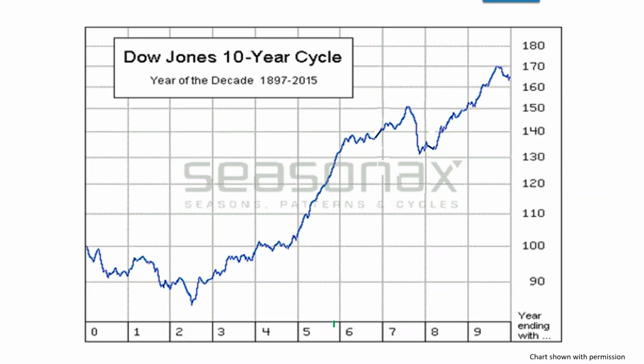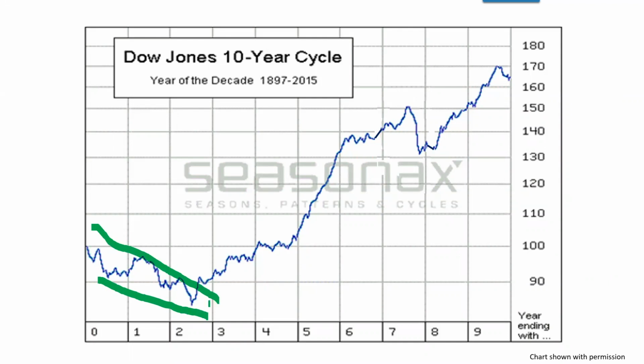And you can see here that the things I want you to focus on here, and I'm going to show you historic examples so that you can draw your own conclusions about the value of doing this work. Here you can see that in the 0, 1, and 2 years tends to be the weakest years of the 10-year decennial pattern.